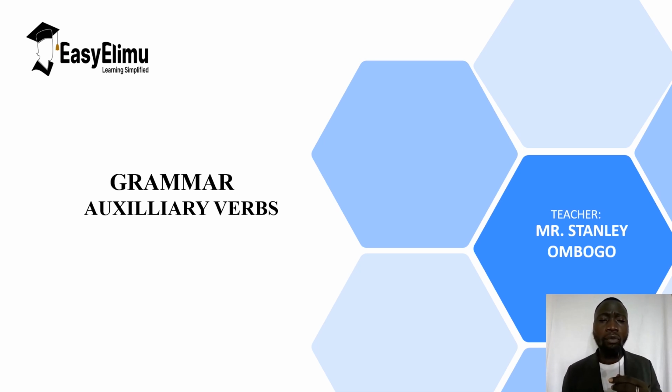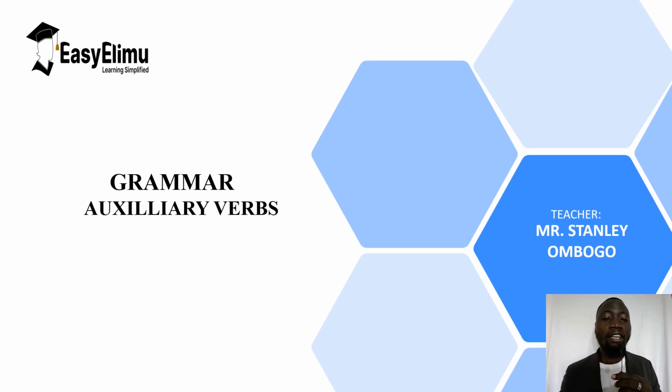And just to remind you, previously we introduced verbs and we further stated that there are two main types of verbs. The first one being lexical verbs and the second main type of verb being auxiliary verbs. So in the previous video, we expounded on lexical verbs.